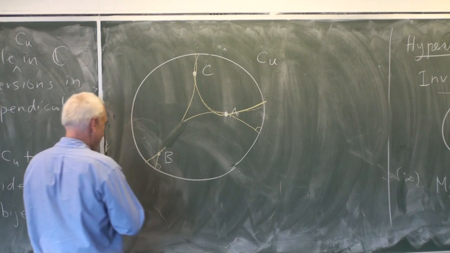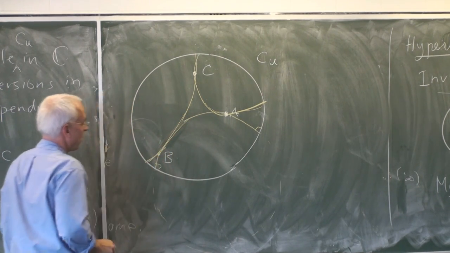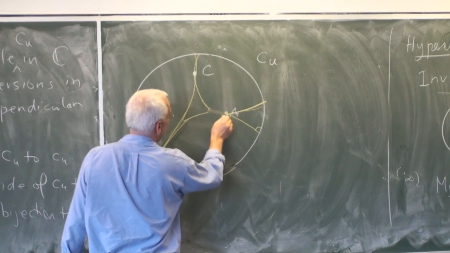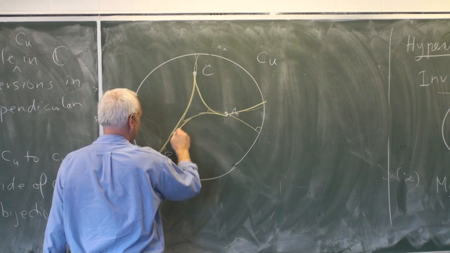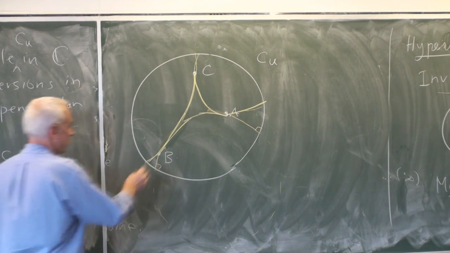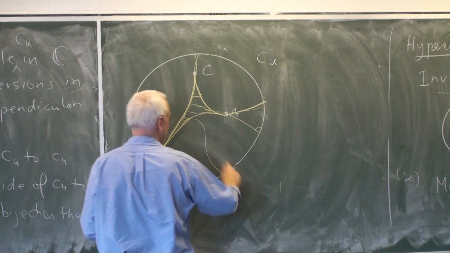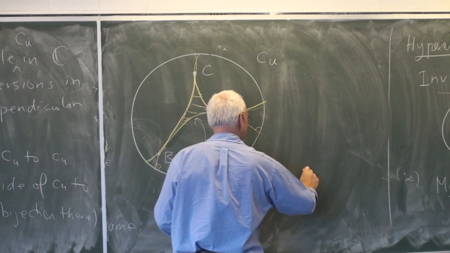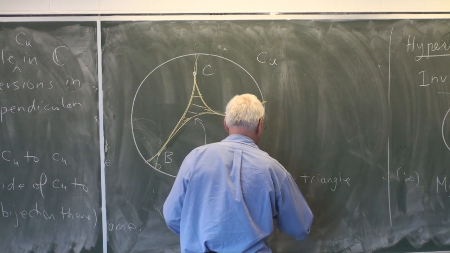Okay, they shouldn't be crossing like this. All right, so this is what we have inside here is a triangle. That's a hyperbolic triangle, the triangle through A, B, and C.